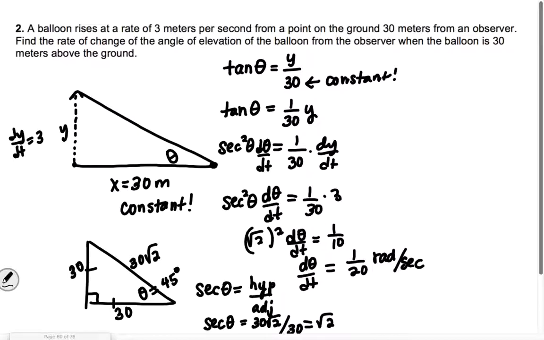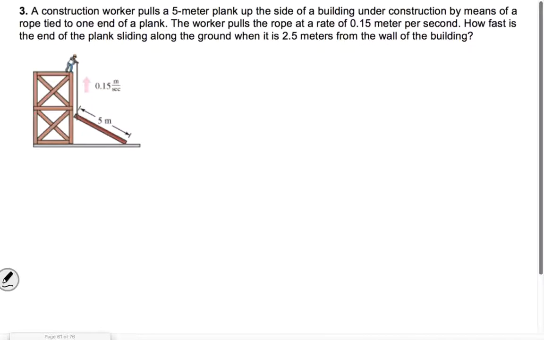That would be the answer. I would just leave it like that. That's your answer. There was no place where I gained a degree, right? Did you see anything where I had a degree anywhere? No. So if it's just a number per second, then it's radians per second.